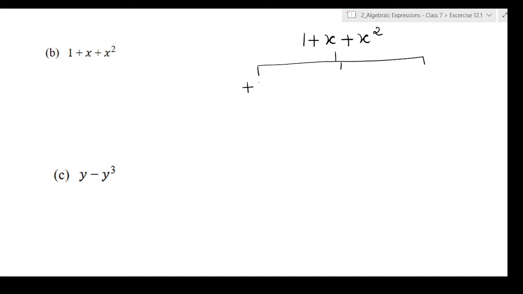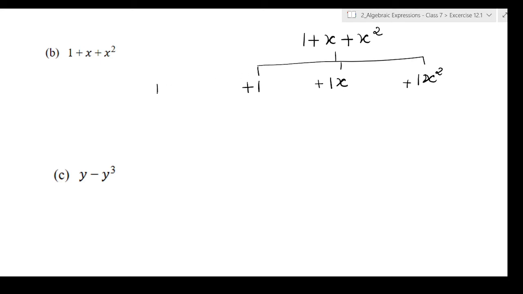You have plus 1, you have x, and you have x square. If there are no numbers, it means 1. I hope you remember this. And if there is no sign, it means plus. Here they've given the sign as well. Now plus 1, plus 1x and plus 1x square.